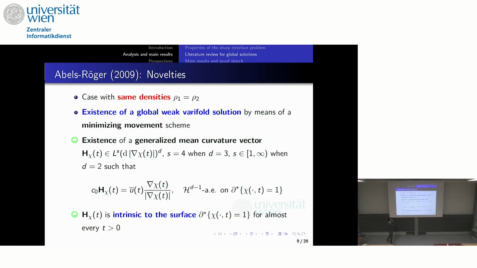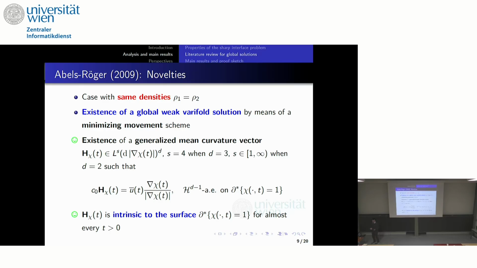Now, let us see the results which were already obtained, because of course Helmut, many years before the sharp interface result, was able to obtain a result in collaboration with Matthias Röger about the existence of a nicer notion of solution.